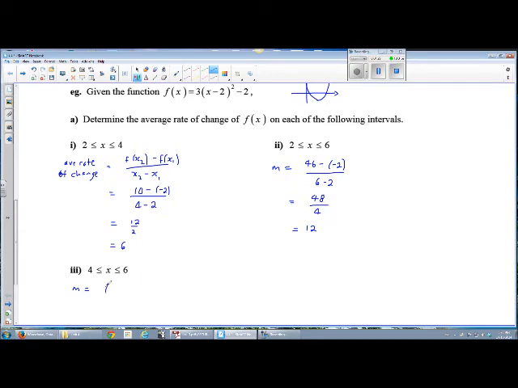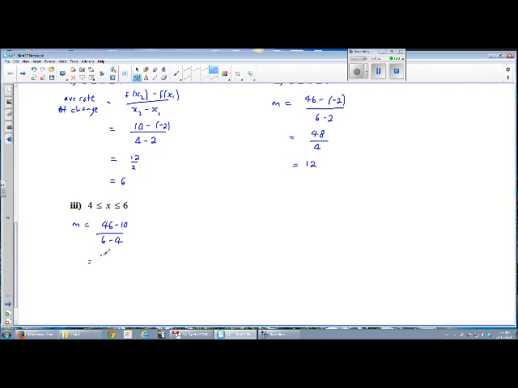So we do 46 minus 10 all over 6 minus 4. So we get 36 divided by 2, which is 18.